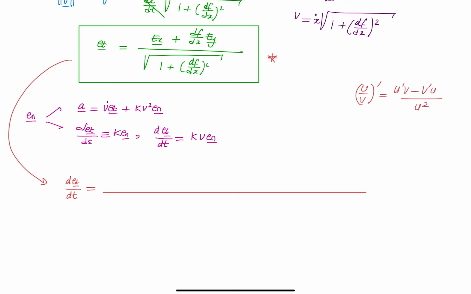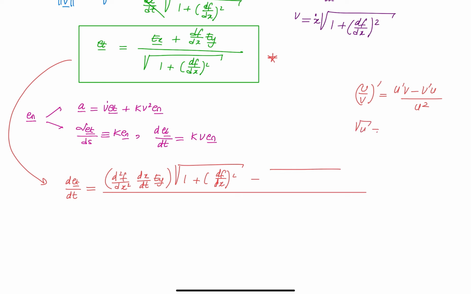Okay, u prime, the derivative of the numerator, is d squared f by dx squared times dx by dt e_y, that's u prime. v is the square root of 1 plus df by dx squared. And I think I can make my square root a little bit shorter.